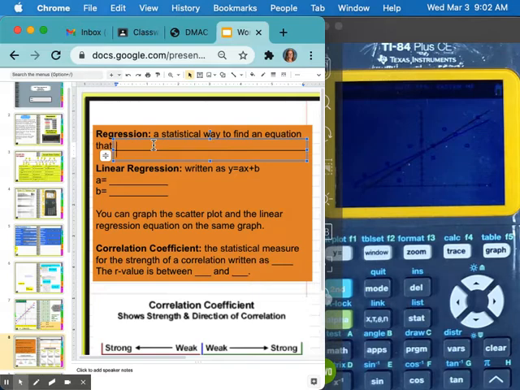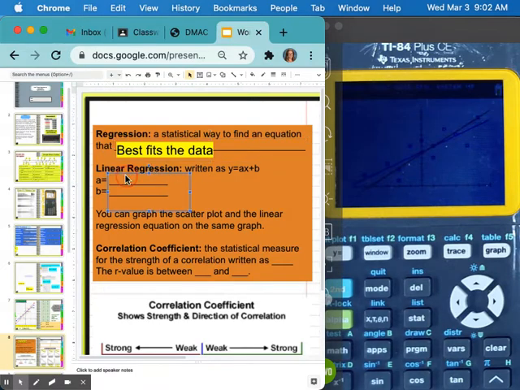So slide 8: regression, a statistical way to find an equation that best fits the data. Regression is written as y equals ax plus b.